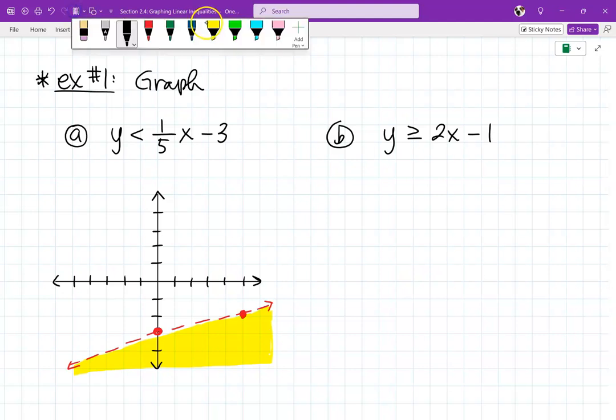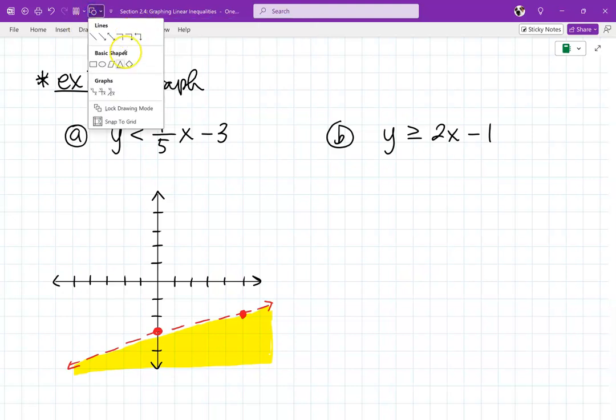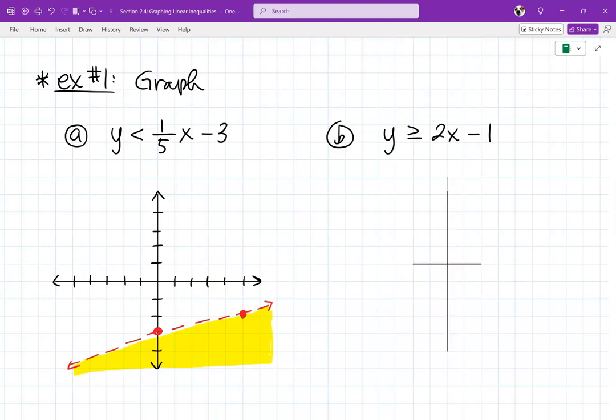So I'm going to draw another coordinate plane, sorry, because I'm going to need it. And thankfully on your homework it'll already be done, it'll be there, so you don't have to worry about doing this.